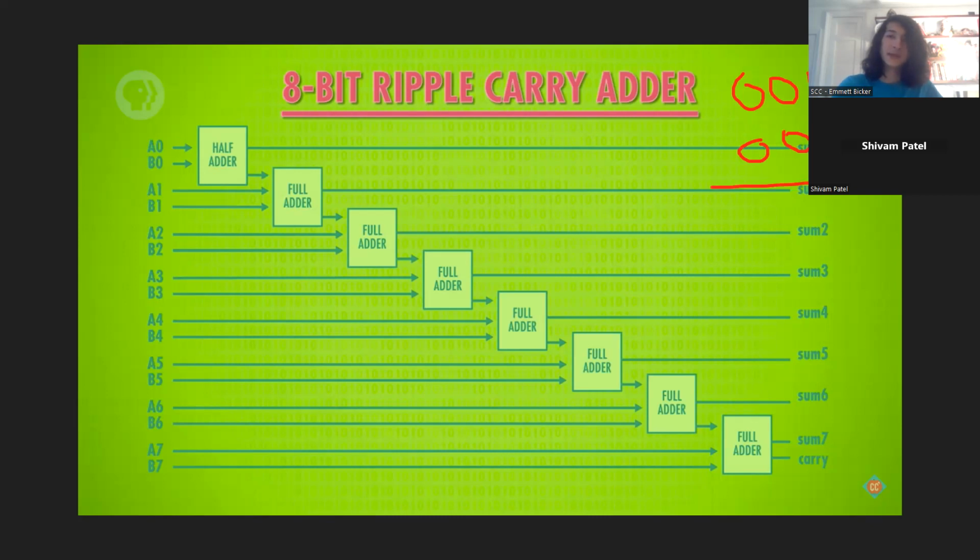So my first 2 bits, I'm going to put through a half adder. And a half adder, when you put 1 plus 1 through it, will give you a 0 as your sum, and then a 1 as the carry. When I pass 3 ones through my full adder, it will give me a 1 in my sum and a 1 in my carry. Then I'll pass these 3 digits through my full adder.